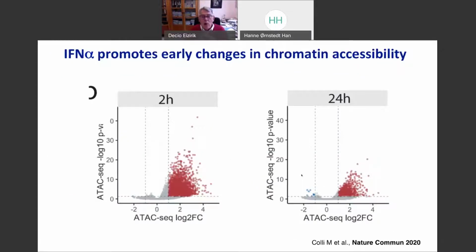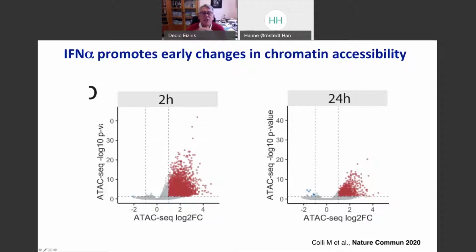So when we start to look at the data, the first thing that called our attention when we look at ATAC-seq is that there is a very early effect of type 1 interferon.